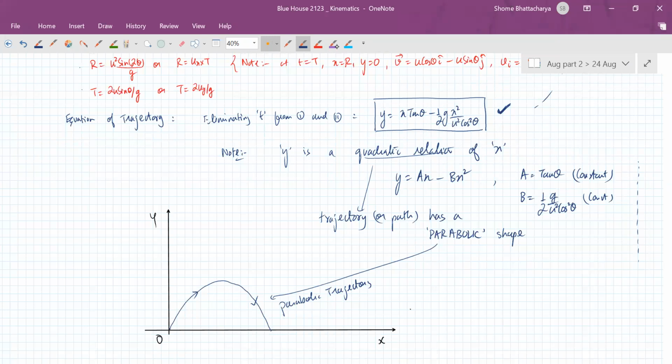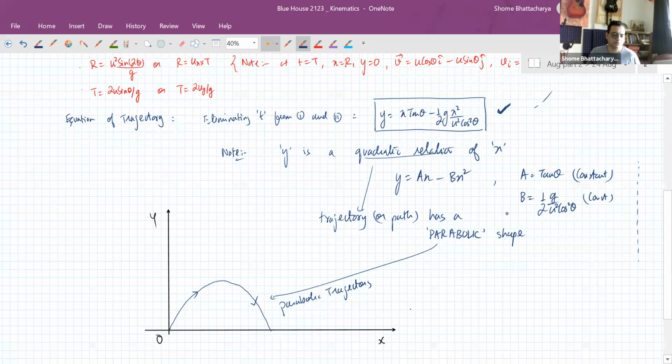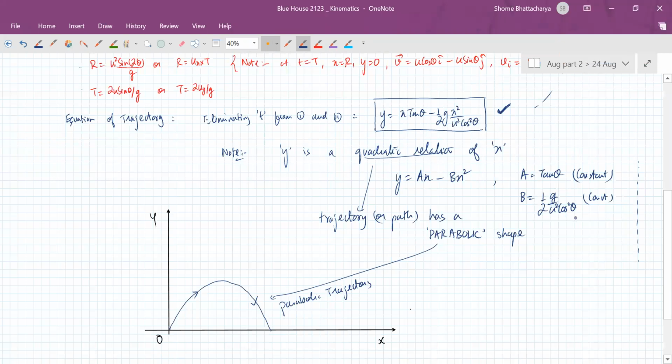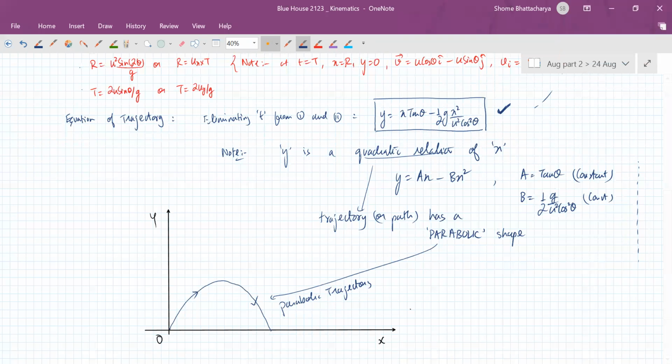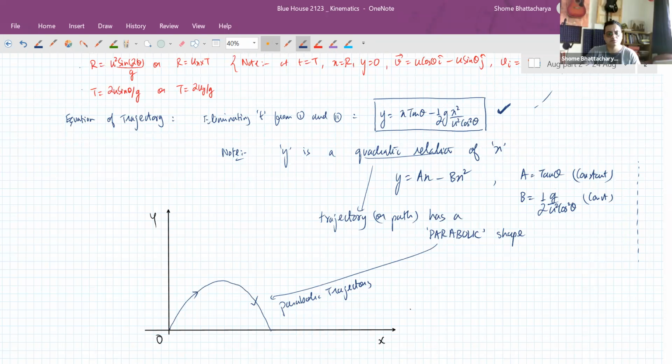Sir, what is written there after B? After B, half g upon u square cos square theta, in brackets. It's a constant. So this term capital B is a constant. It's not a variable. Okay, sir. Yeah. Just like capital A is also a constant. It's tan theta. Yes, sir.